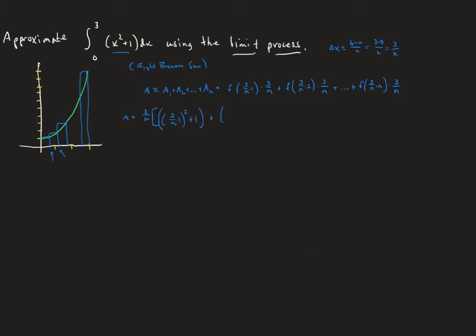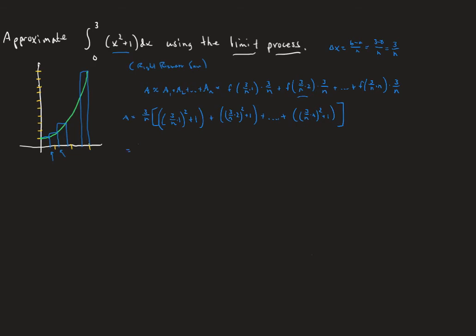Plus, now the next one, we're going to have f of 3 over n times 2, so that's 3 over n times 2, squared, plus 1. And I'm going to run this out to the very last one, which is 3 over n times n, squared, plus 1. And that is going to be the next step.